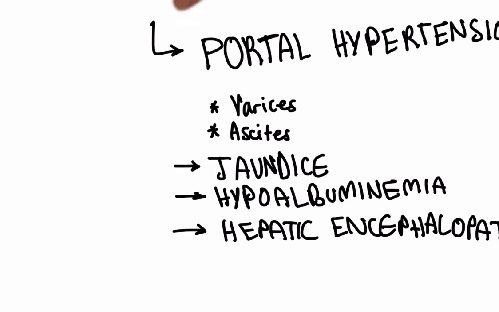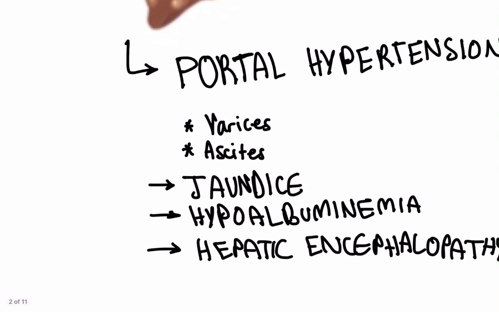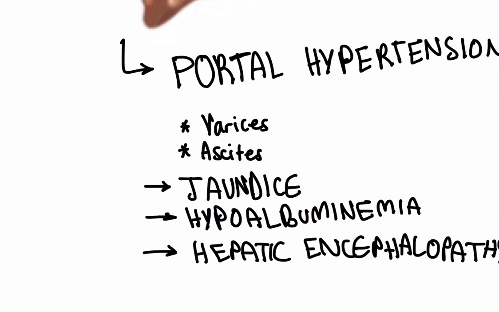A major complication of portal hypertension is varices, which, if you think of varicose veins, are areas where your vasculature swells up a bit as it has to hold more blood, as well as ascites. And remember, loss of albumin. Albumin is a major component of your oncotic blood pressure, and it helps hold on to fluid in your vessels.